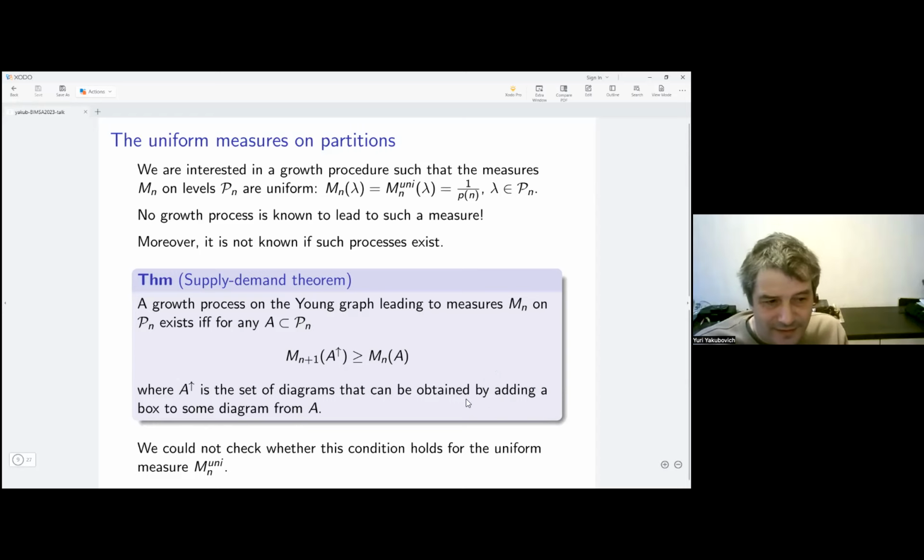It tells us that if we have some sequence of measures on levels of the Young graph, we can construct a probabilistic Markov procedure which transfers one measure on level n to another measure on level n+1 if the following inequality holds for each subset A of level n, where A with an upper arrow means the set of partitions of level n+1 which can be reached from some partition in A. This seems a very simple condition, but I tried to prove that it holds for uniform measures and I didn't succeed.